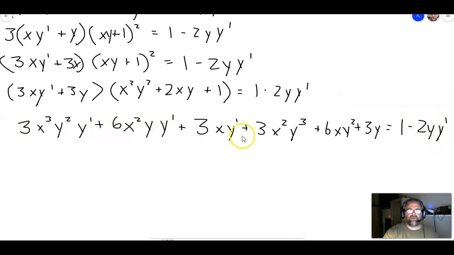Alright, so now that we have everything distributed out, we want everything with y prime on one side. I'll try to compact it up a little bit here. So 3x cubed, and I'm going to go ahead and save myself a little bit of a step here. I'm going to go ahead and already pull the y prime out. So y prime, and then anything that has a y prime is going to come over on this side.